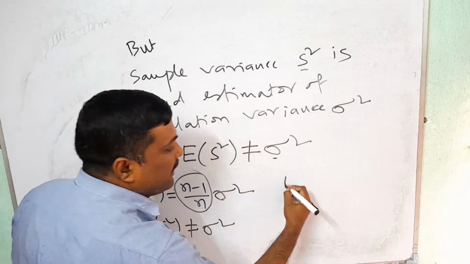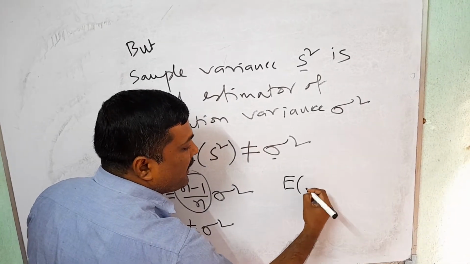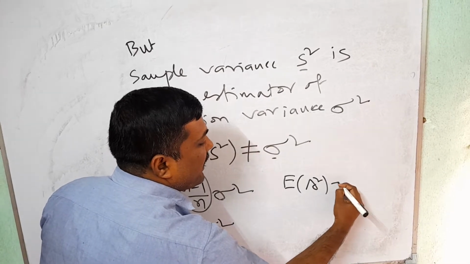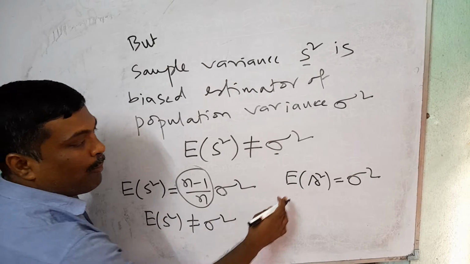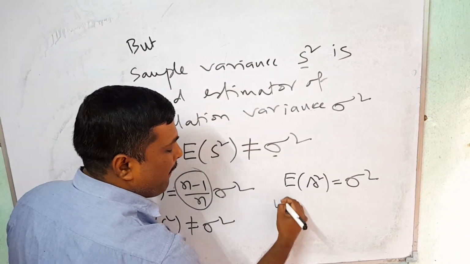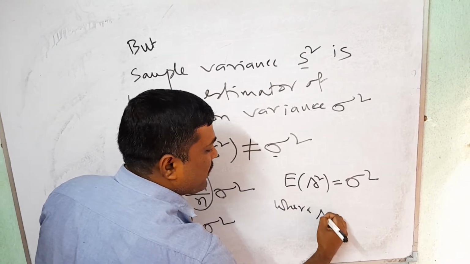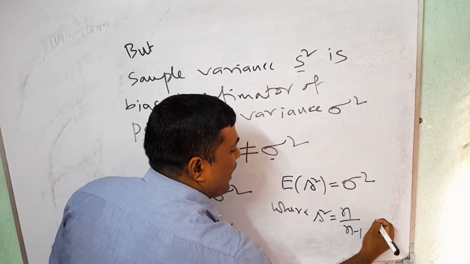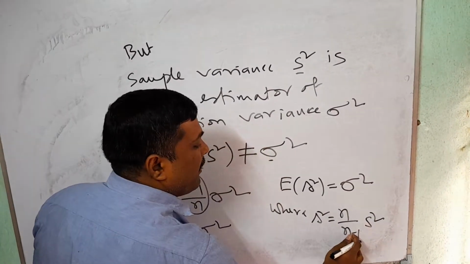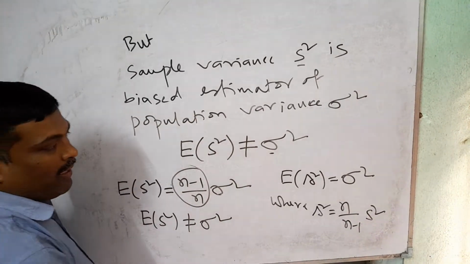But E of small s square equals sigma square, where small s square equals n by n minus 1 times capital S square.